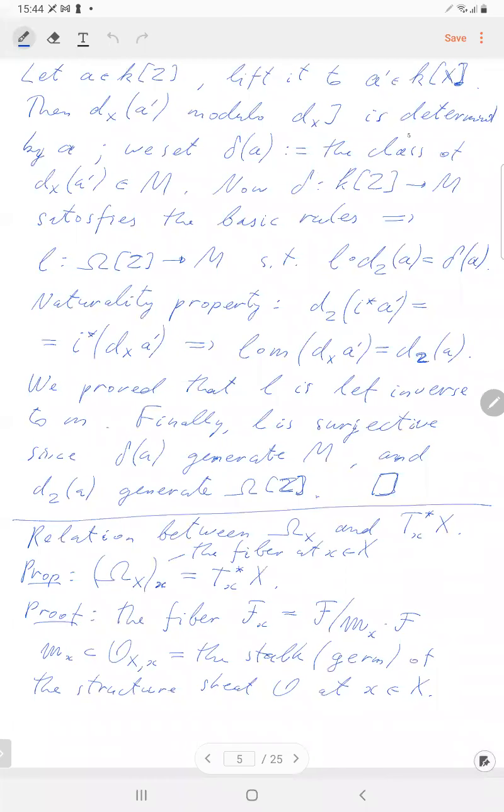Now, my notation is not very consistent, because on the previous page I said that this m was the maximal ideal in the local ring, and now I take the maximal ideal in the global ring, but it doesn't really matter.